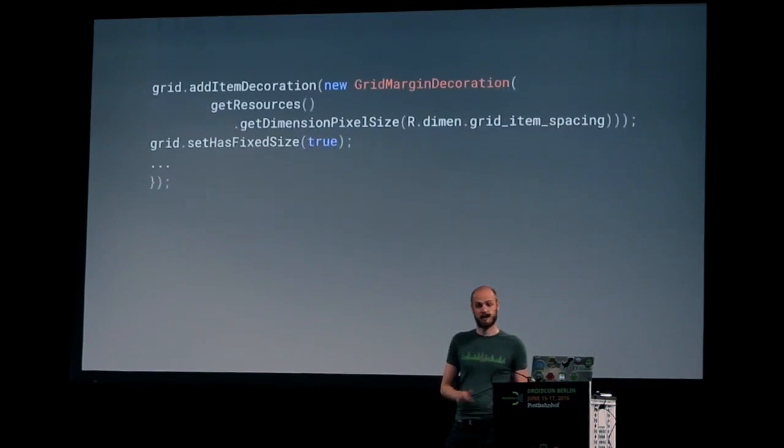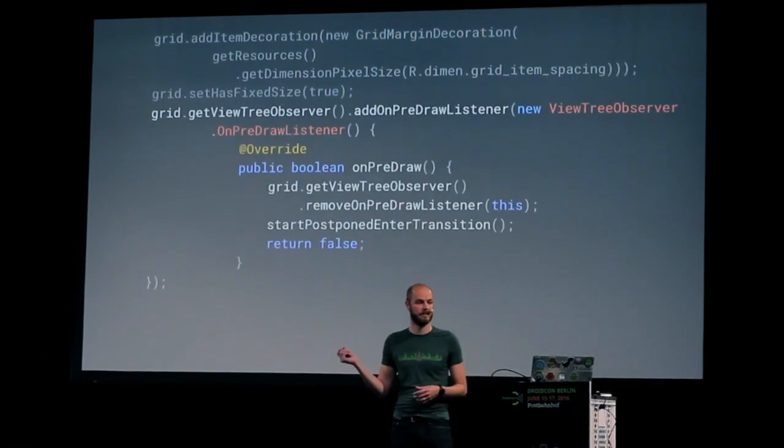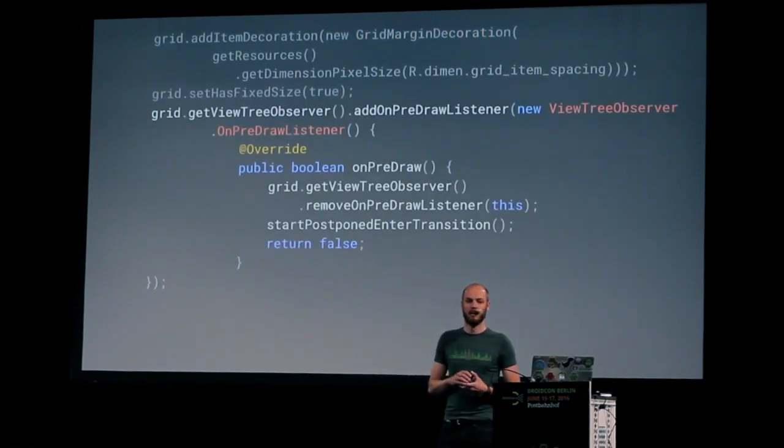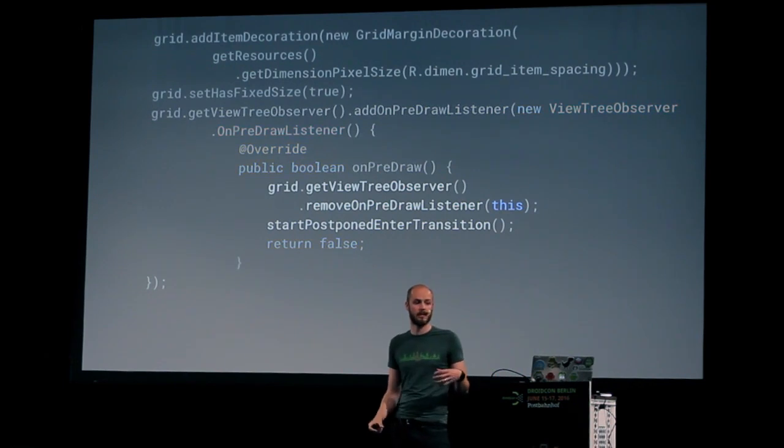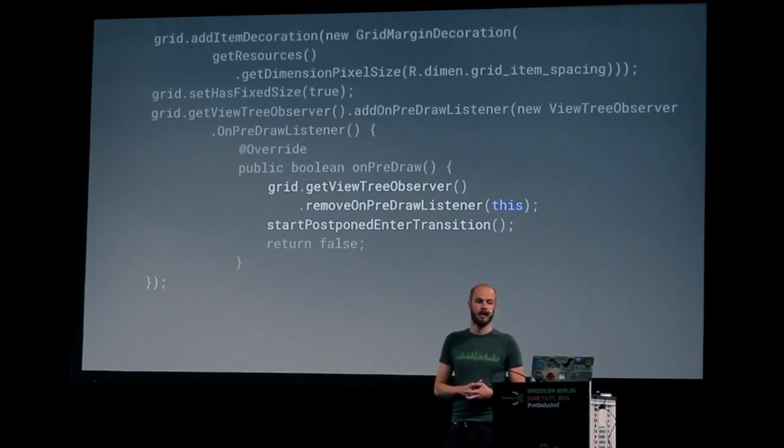In order to get this to not come into limbo, it is important to make something like this. On the view that you want to transition on, once everything has been inflated and set up, so we put the images back in, created the adapter, and everything is on the way that it can be drawn, we add an on pre-draw listener, and within that, we first of all remove the on pre-draw listener, because if you don't do that, this call will be executed every time the layout manager wants to redraw something within that view, and then we just say start postponed enter transition.